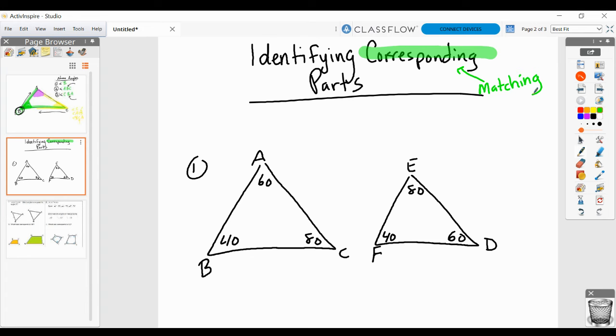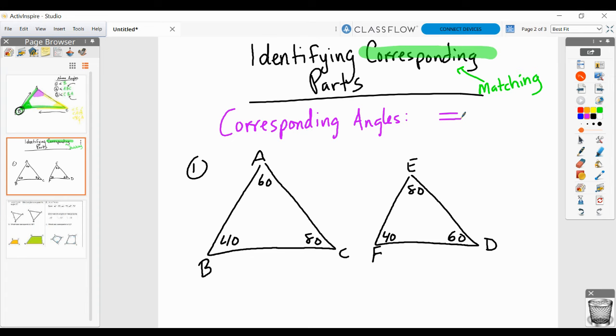Now, usually the easiest ones to identify first are the angles. So when we are looking for corresponding angles, we want those angles to be equal to each other. So we're looking for the angles that are equal in measurement.